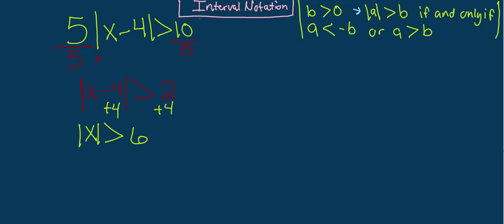Well, there's a rule here. When the absolute value of x minus 4 is greater than b, then and only then, x minus 4 is less than negative b.